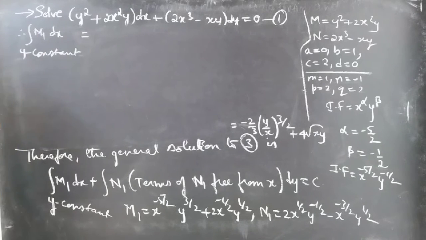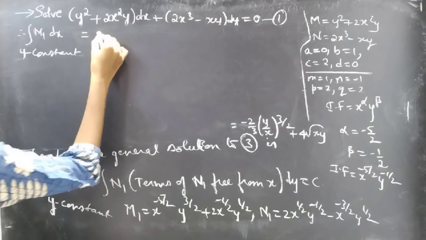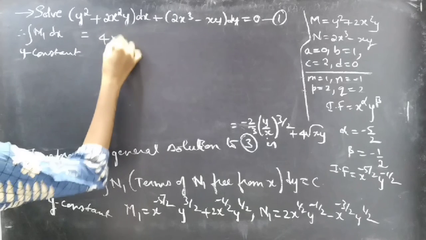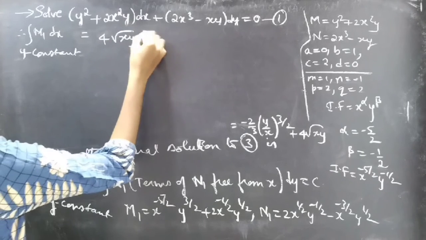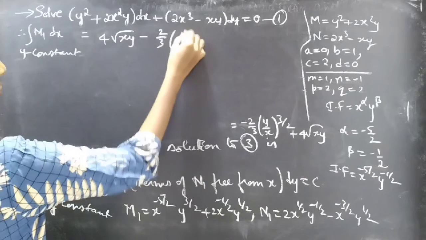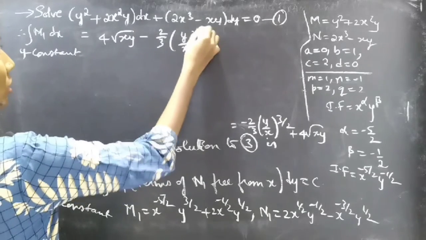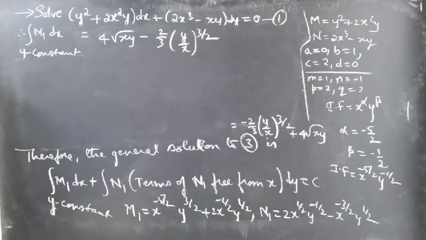Therefore, integral M1 dx treating y as constant is 4 root xy minus 2 by 3 into y by x whole to the power 3 by 2.